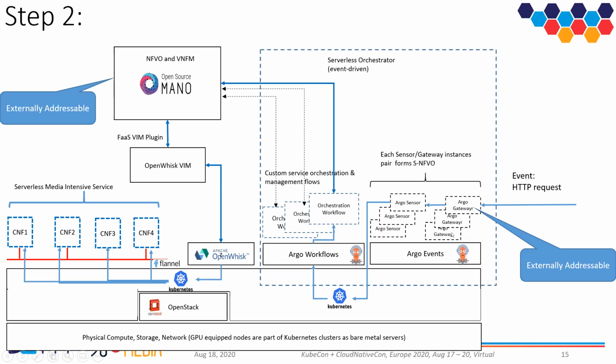Each pair is related to a service descriptor for this use case. If you want something to happen inside this service, you talk to the gateway. It's like a personal orchestrator for this instance of the service, and then it talks to the sensor, and then Argo Workflows is triggered, and then something happens, and it happens the way we want. And we were really impressed by how well Argo does.